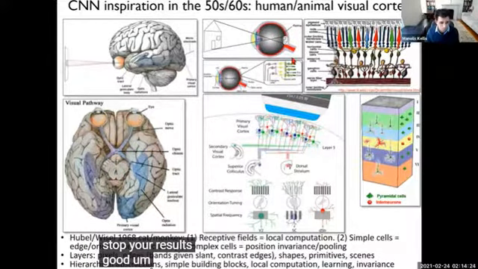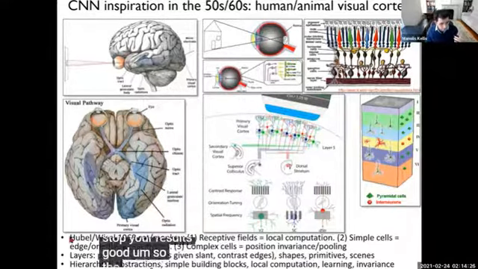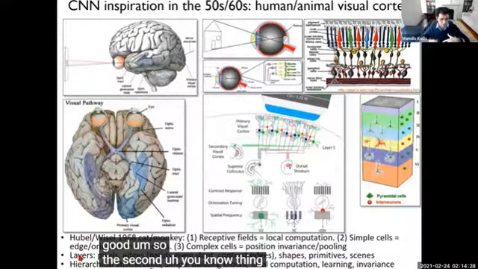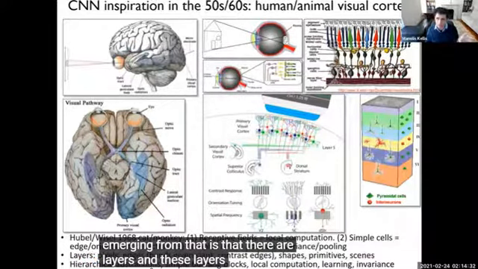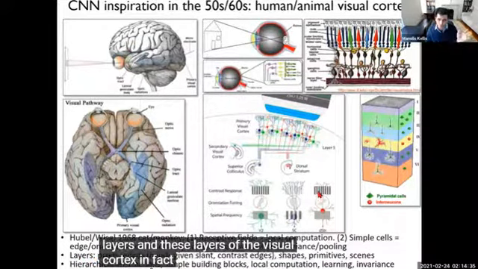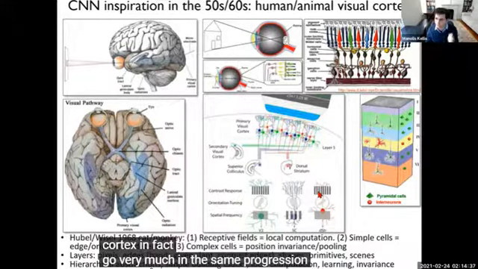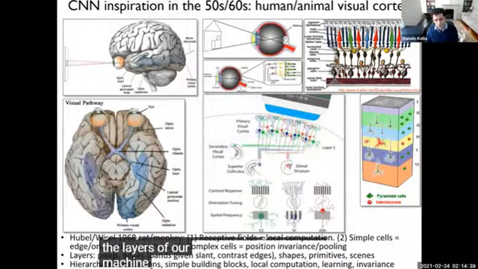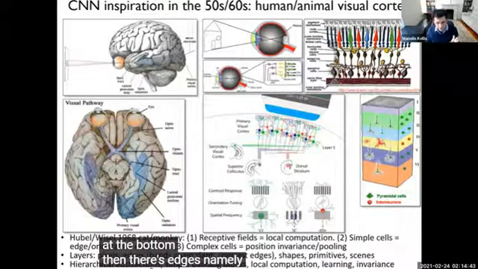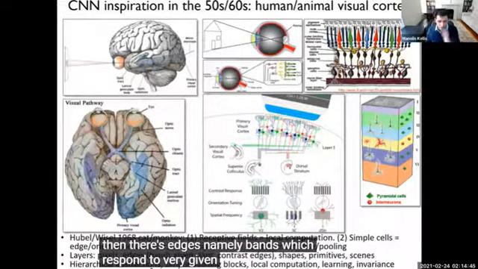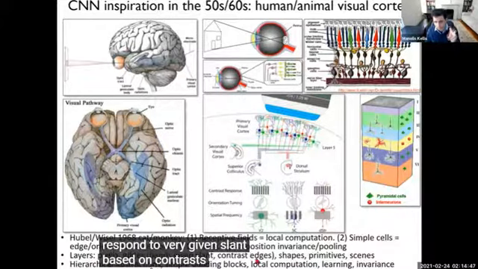Good. So the second thing that's emerging from that is that there are layers, and these layers of the visual cortex, in fact, go very much in the same progression as the layers of our machine vision primitives. There's pixels at the bottom, then there's edges, namely bands, which respond to a very given slant based on contrasts.